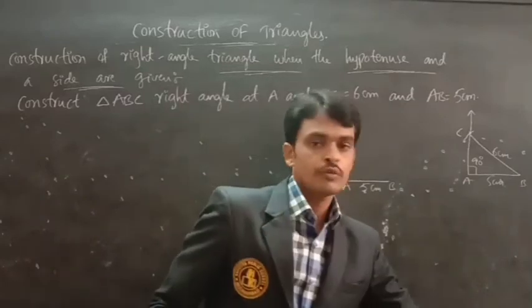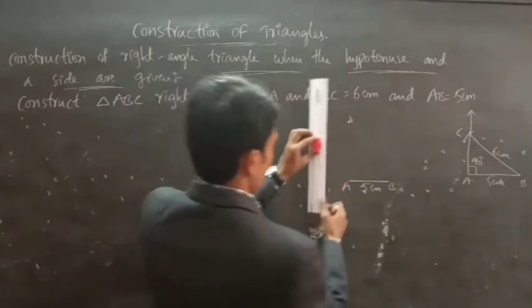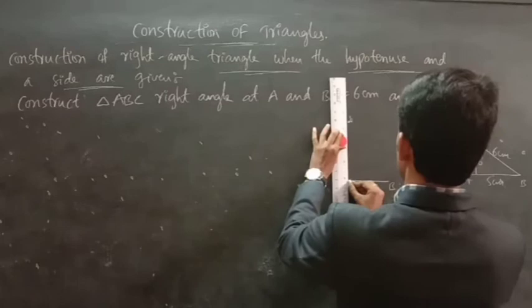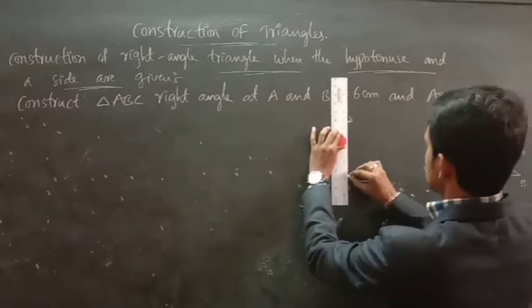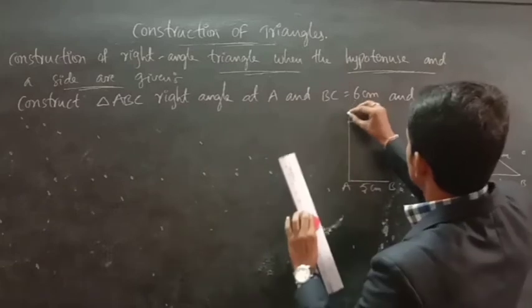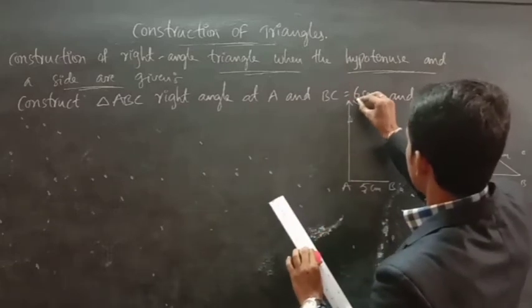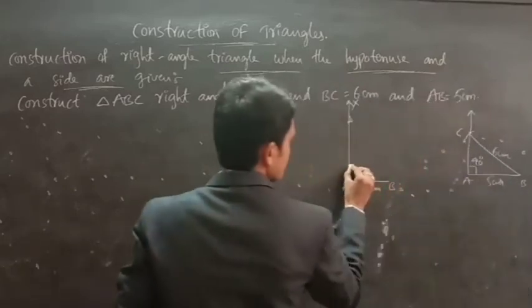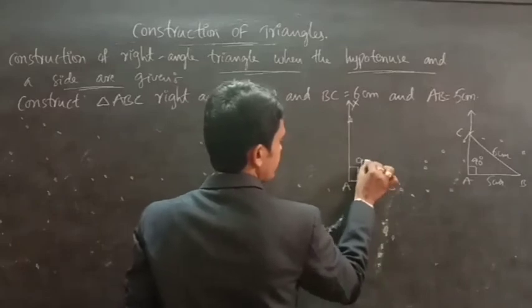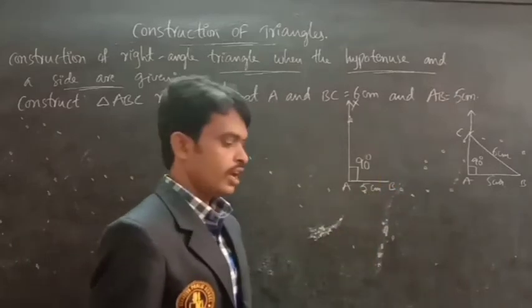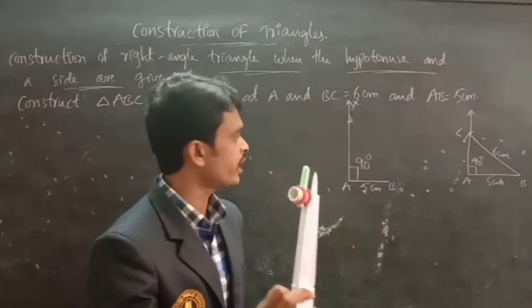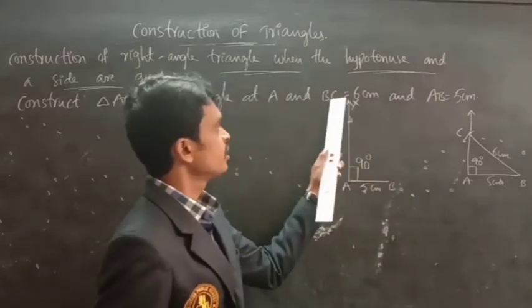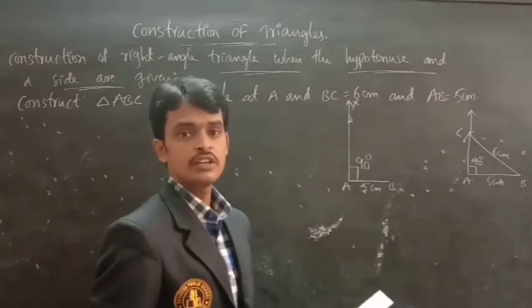After that we should draw a ray by using a ruler. We should draw a ray like this, named AX. Here it is 90 degrees. After that, by using a compass, we should take BC 6 centimeters.